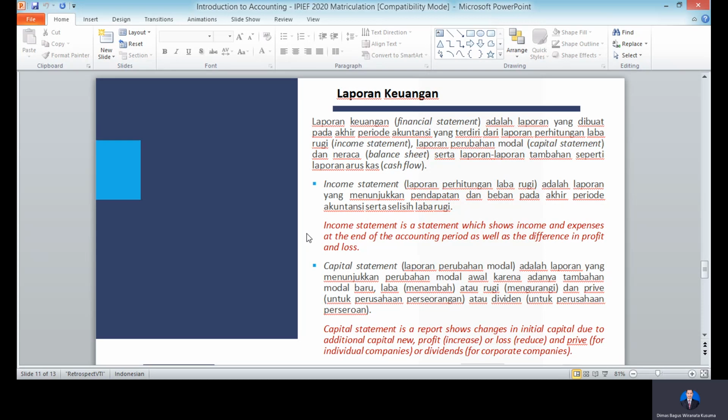And the second one is the capital statement, namely the report showing the change in initial capital due to additional capital coming in, profit or loss, and dividends. So the capital statement can fluctuate over time due to flows in and flows out from the company operations.